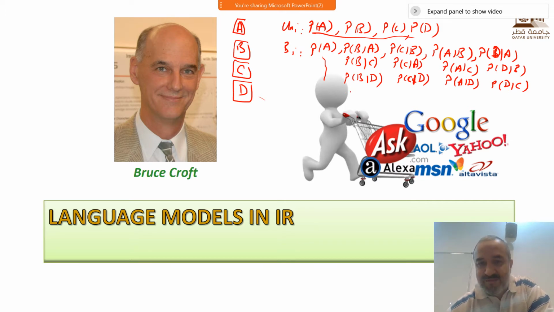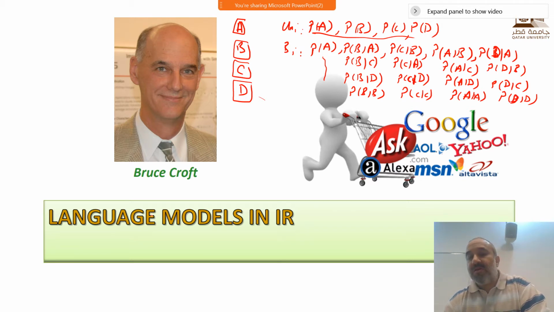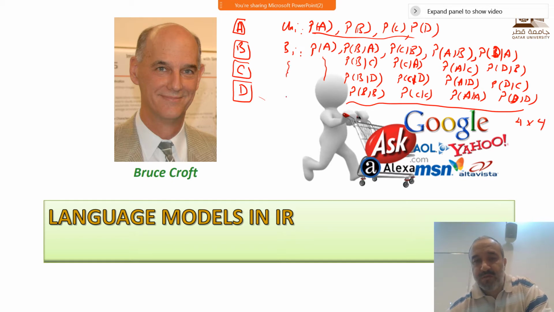Yes, this B given B, C given C, A given A, D given D. Did we cover everything? Okay, so you will see that this is 4 times 4, right? N squared, and this is 4.